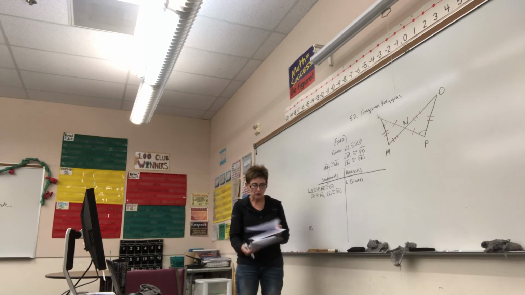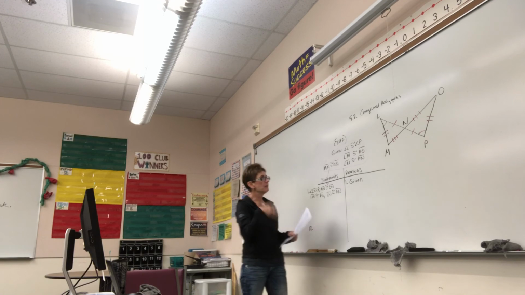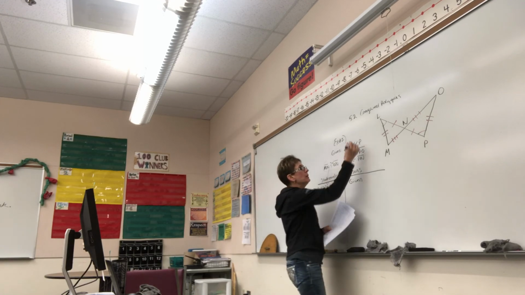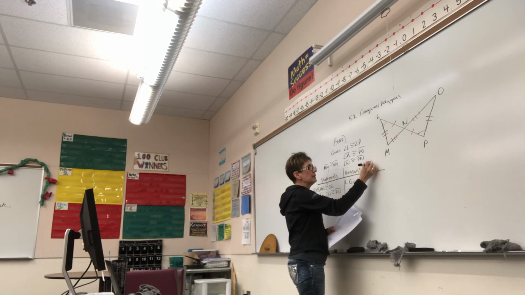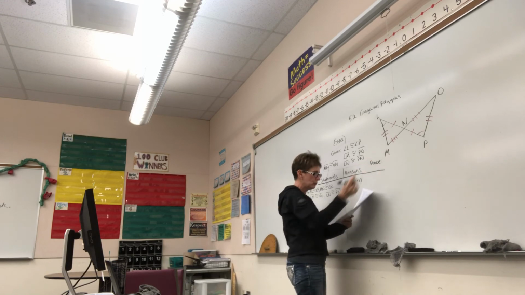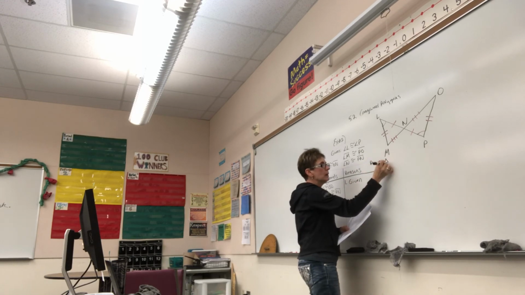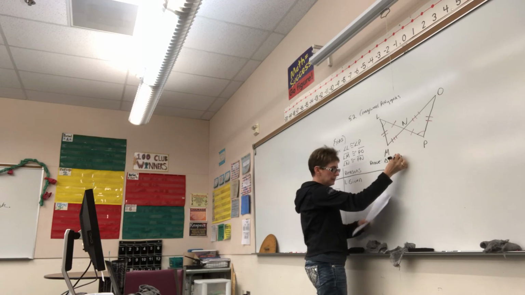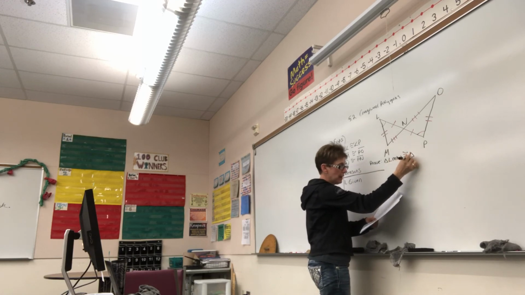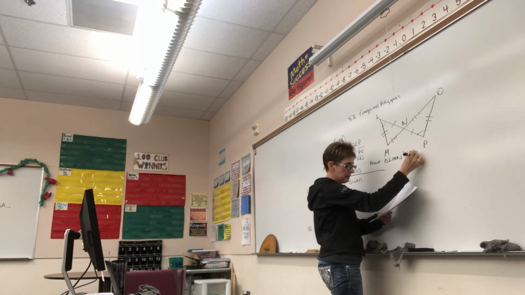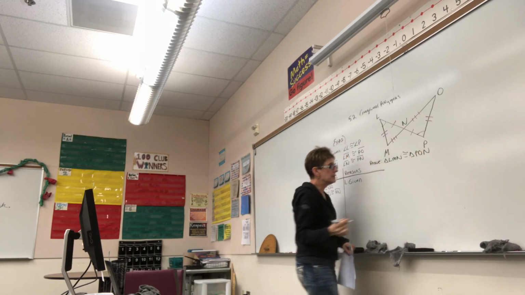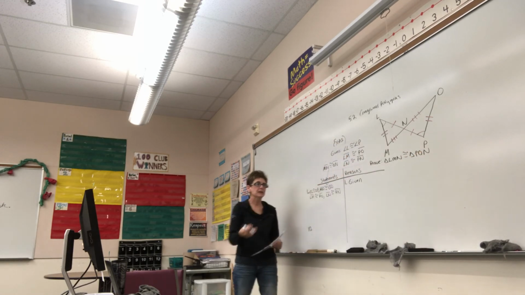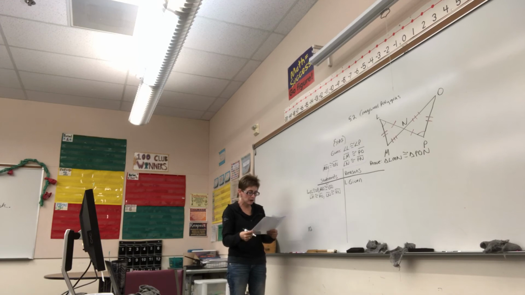Now again, if I was doing this with you in notes, they would all be printed up for you. But in the information where you were given this original problem, it said prove that triangle LMN is congruent to triangle PON. So this was information you would have been given at the beginning of the problem.